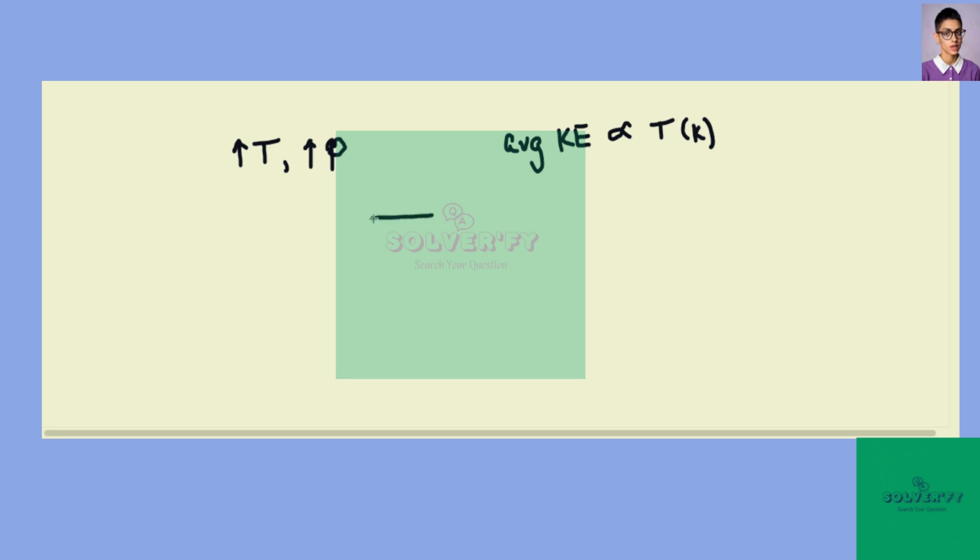Let's say we have a container, and in that container we have a gas. And of course we're filling up the entire space with that gas. And then I'm going to add some heat.